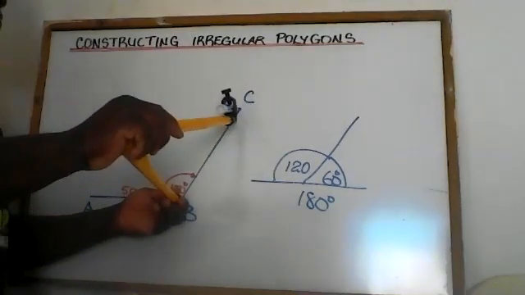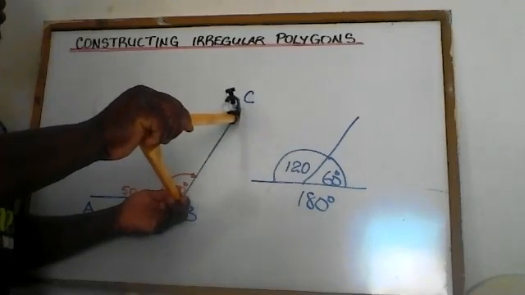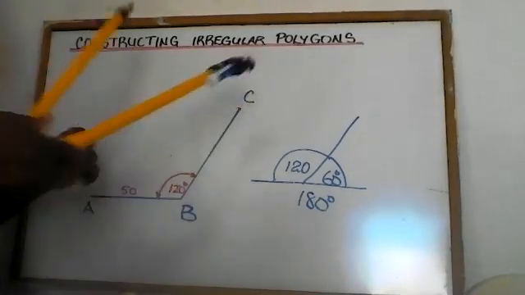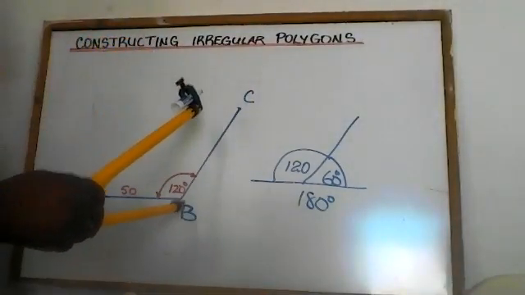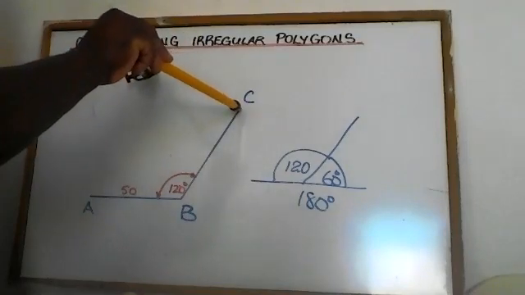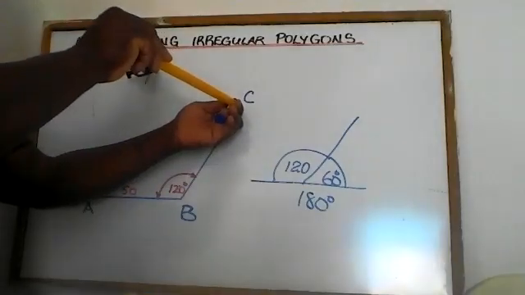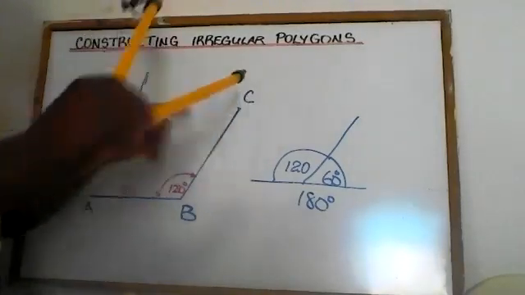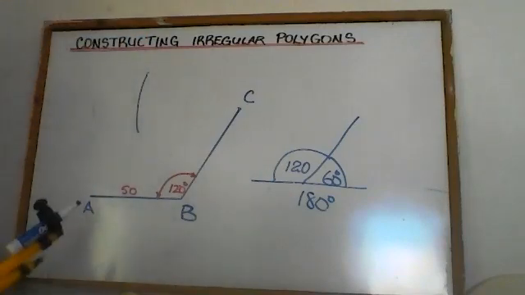I'll choose to use my compass in this case. So take off the length of BC, which is also equal to CD. With center at C, draw a light arc. Now anywhere on this arc from C will be 70 millimeters.